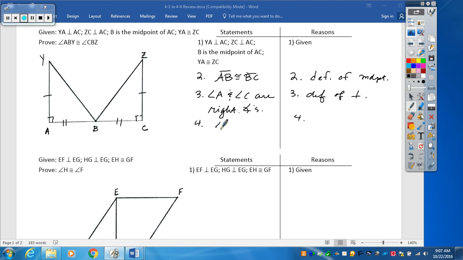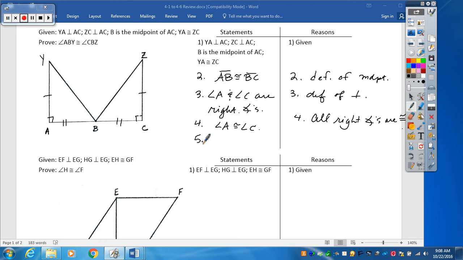So I'm going to say that angle A is congruent to angle C, and the reason is all right angles are congruent. We have to make sure that those are all the same measure. So we've got a pair of angles congruent, we've got two pairs of congruent sides. We now have side angle side.